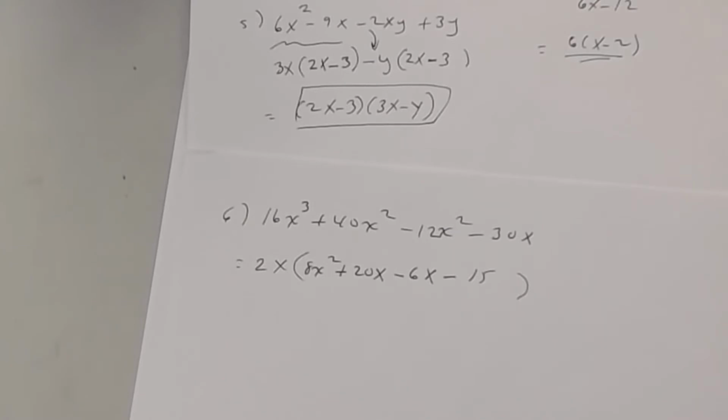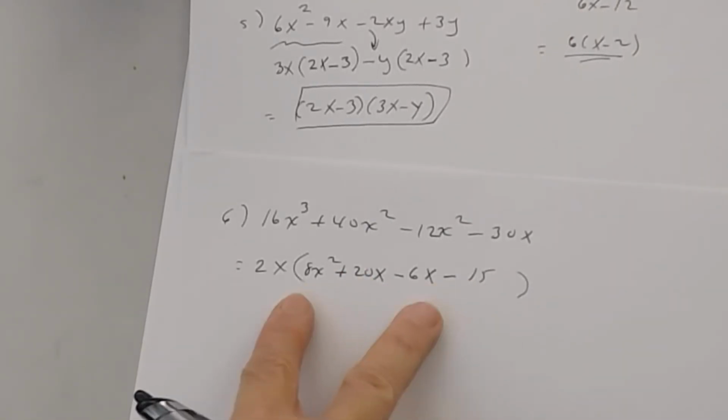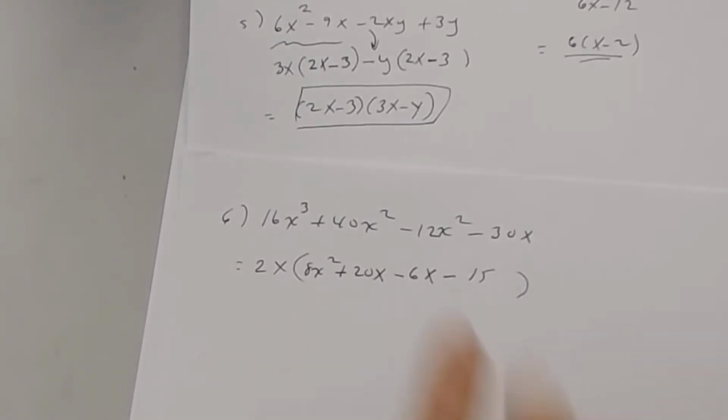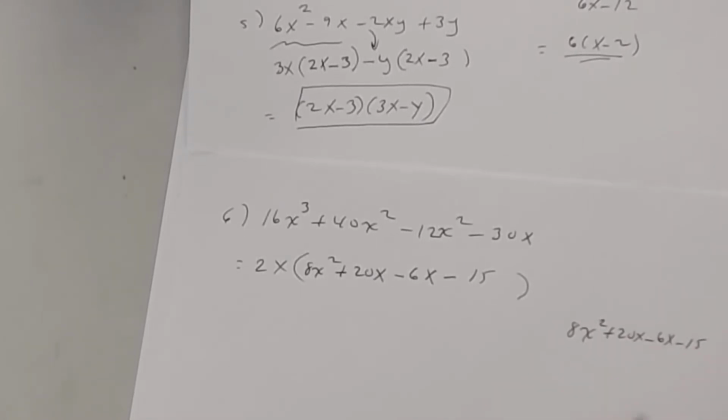Oh, yeah, never mind. Now, am I done? No, you got to see if you can do anything else with what's inside that parentheses. How many terms do you see? 4. So let's try grouping. So I have 8x squared plus 20x minus 6x minus 15.